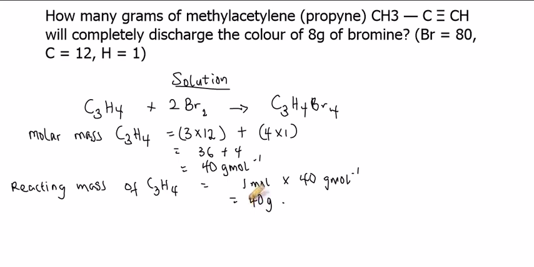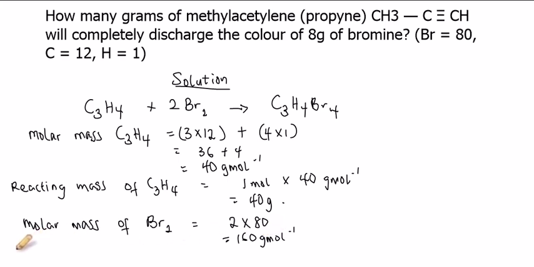Now for bromine, the molar mass of bromine, formula Br2. The atomic mass of bromine is 80, and we have 2 atoms present. That will be 2 multiplied by 80, which is equivalent to 160 grams per mole. We're calculating the reacting mass just as we did for propyne. Reacting mass of bromine equals the number of moles from the equation.